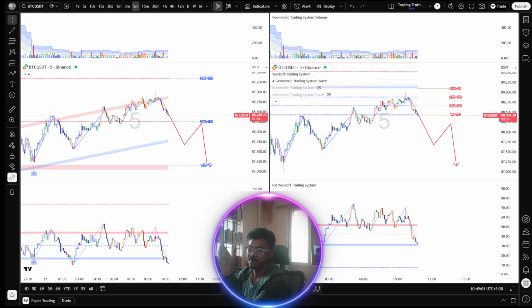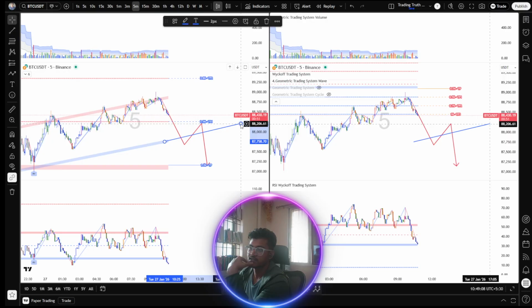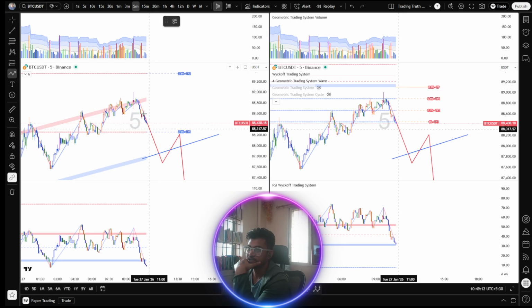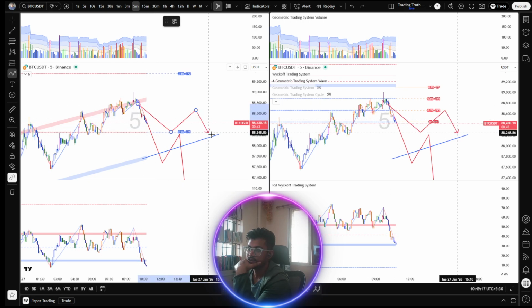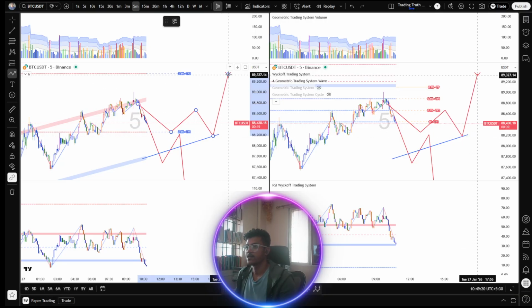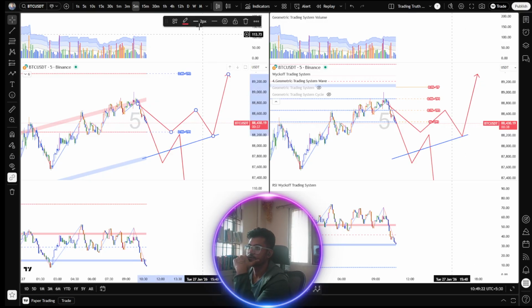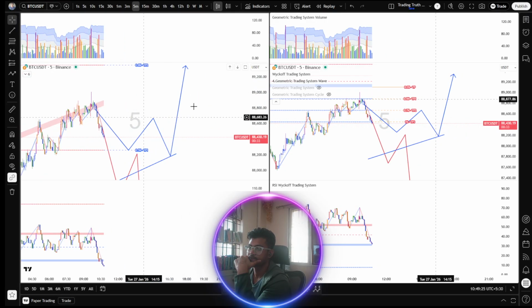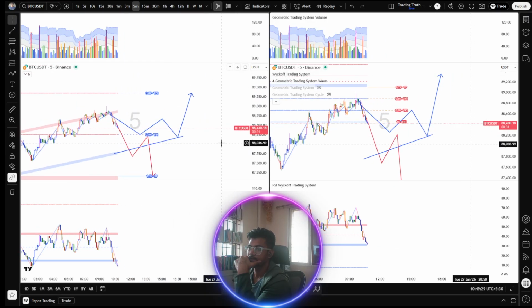And if it's going up, just imagine that this trend line is like this. What might happen is the pullback, right? This will come around here, then it will go like this, right? So this is what I'm projecting. Okay.